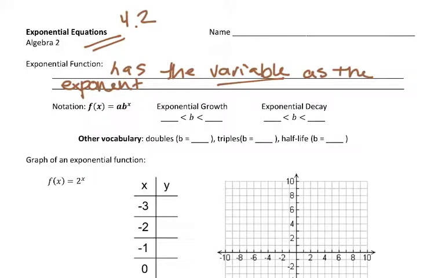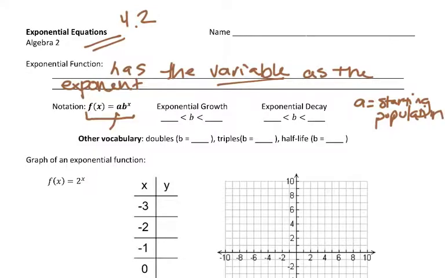So, taking a look at our notation, this is what an exponential function would look like. You have your a here, which is actually talking about the starting value. So a is your starting value of whatever it is that you're working with. We like to call it a starting population sometimes, because sometimes they will mention that, but it's that starting amount.